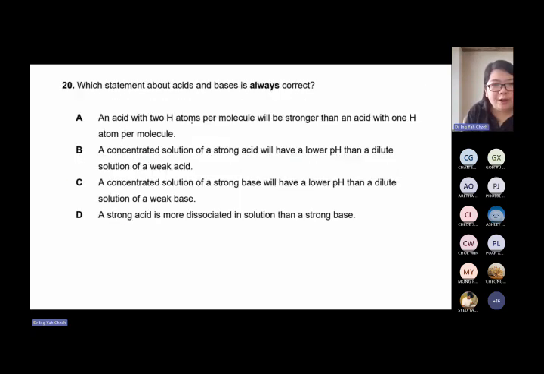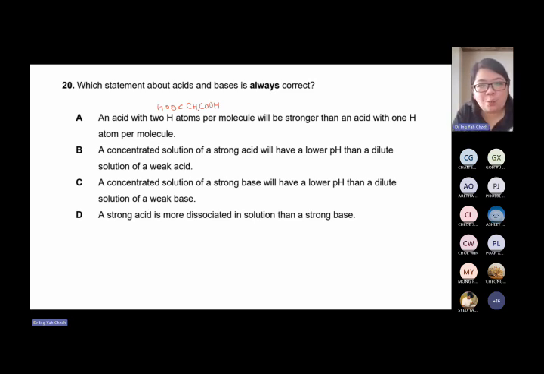An acid with 2 hydrogen atoms per molecule will be stronger than an acid with 1 hydrogen atom per molecule. Now, this one is not always correct, because what if the molecule with 2 hydrogen atoms is a carboxylic acid, COOH? Carboxylic acid is an organic acid.